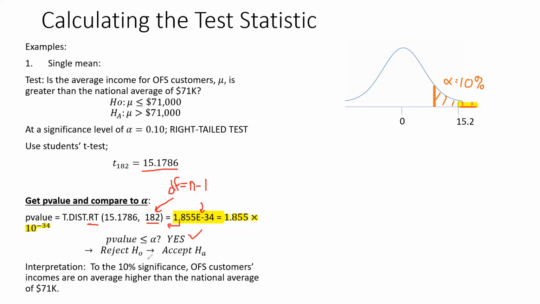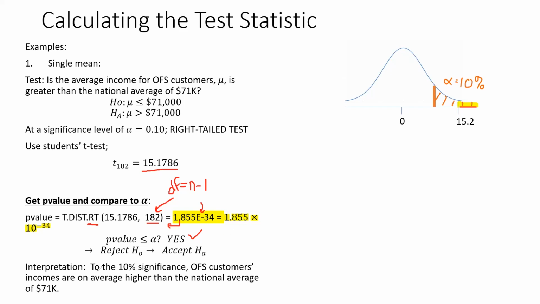We accept the alternative. I mean, we tested it at 10% significance. Some researchers and some people don't actually state the alpha. They state the p-value only as the evidence against the null. So you'd say it's very strong evidence against the null, with a p-value of 1.855 times 10 to the negative 34.